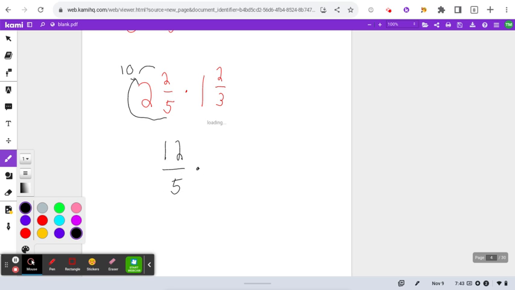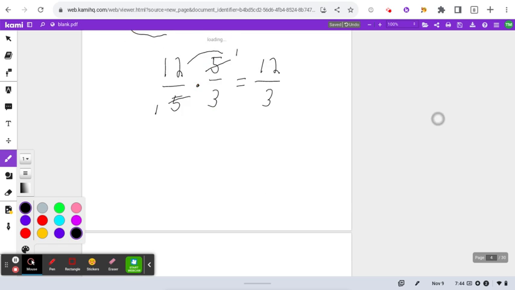And then times this backward C here. 3 times 1 is 3. 3 plus 2 is 5. So you'd have 5/3. For this one, you can cross cancel. 5 cross cancels with 5. 5 divided by 5 is 1. Same thing over here. Then you'd multiply across. 12 times 1 is 12. And 1 times 3 is 3.